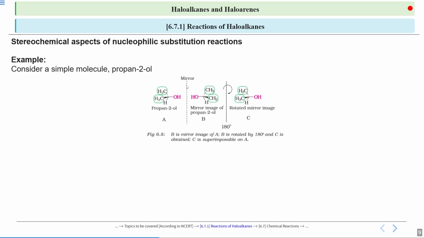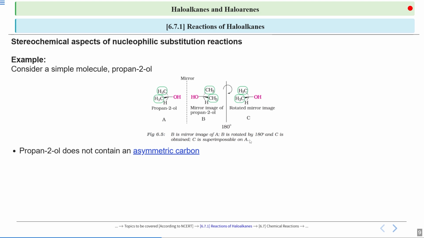C is actually the same as A. If you take the rotated mirror image C and put it as it is on the A structure, they will be properly superimposed, right?